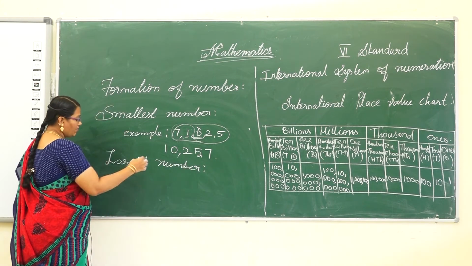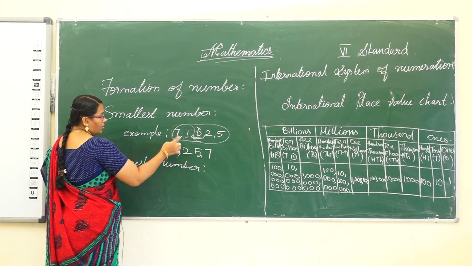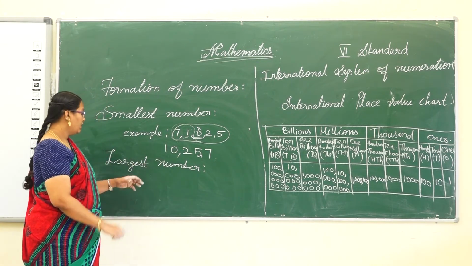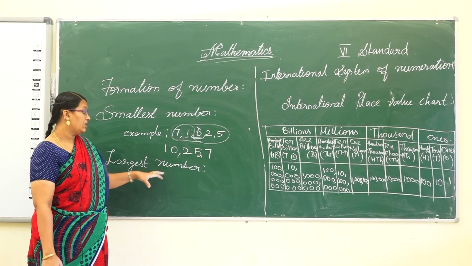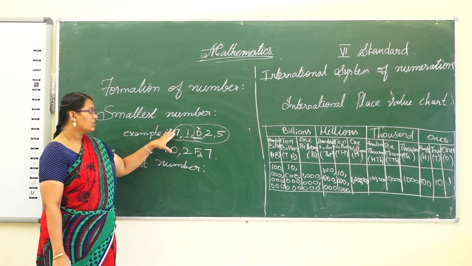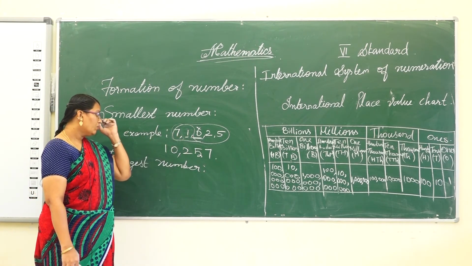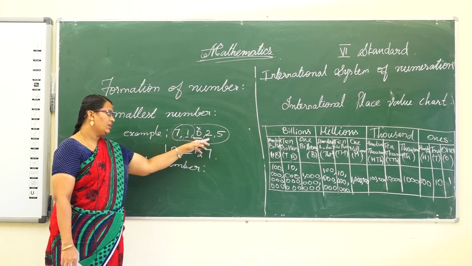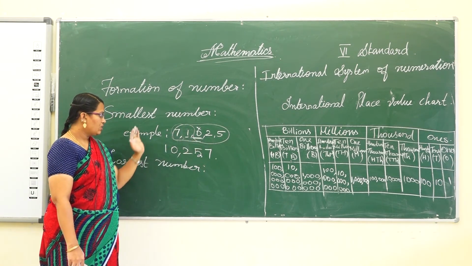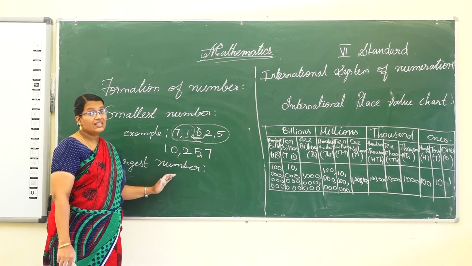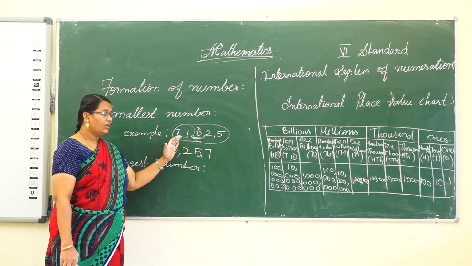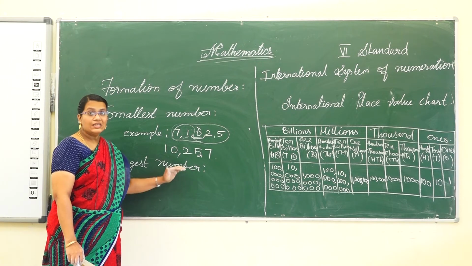How do you frame it? We consider the same example. Here you want to find the greatest number using the given digits. So write the given digits in descending order.